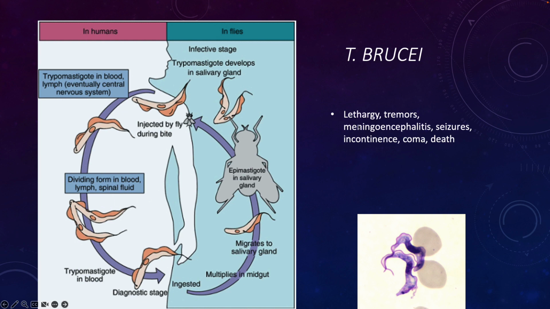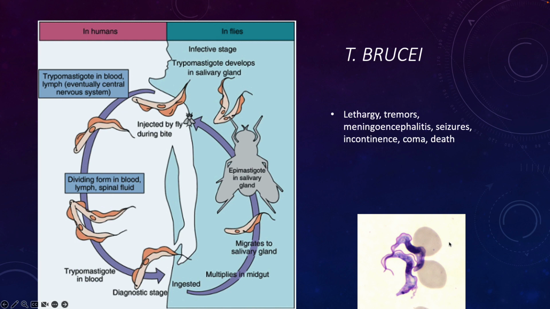So patients can experience lethargy, tremors, meningoencephalitis, seizures, incontinence, coma, and eventually death. Because it messes with the brain, it also alters the sleep-wake cycle, which is why it's sometimes called sleeping sickness.